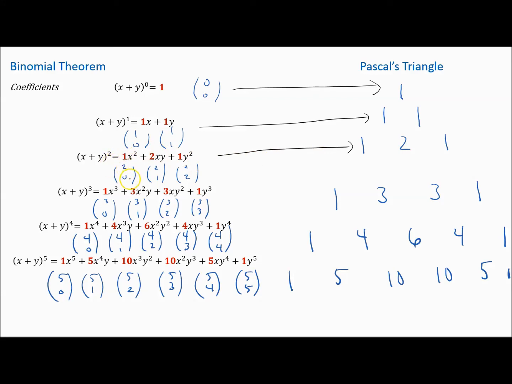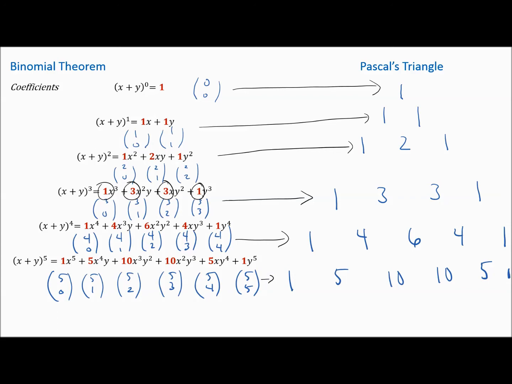So row 3 is x plus y squared because there's 3 terms, right? Row 4 is x plus y to the third. So there's your 1, 3, 3, 1, just like here. 1, 3, 3, 1. Your fifth row is x plus y to the fourth. Notice again, 1, 4, 6, 4, 1, 1, 4, 6, 4, 1. Wow. And then x plus y to the fifth is right here.